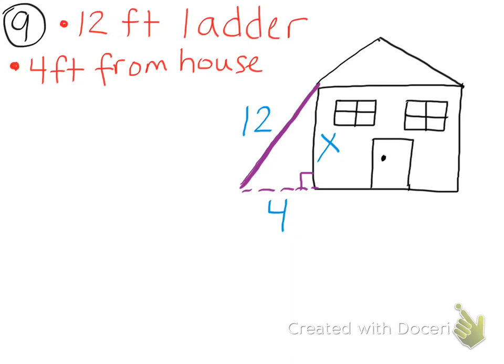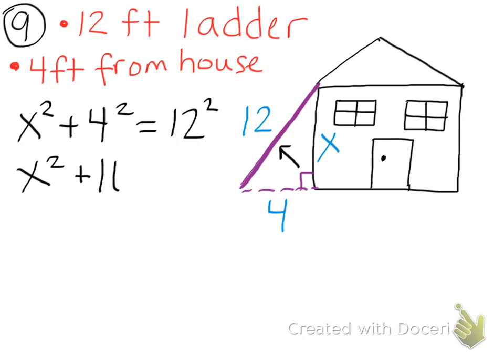So for this problem, we're looking for one of the legs, because if I draw an arrow across from the right angle, 12 is going to be our hypotenuse. So let's try this problem. Legs squared, so x squared, plus our other leg squared, which is 4 squared, is equal to our hypotenuse squared, which is 12 squared.